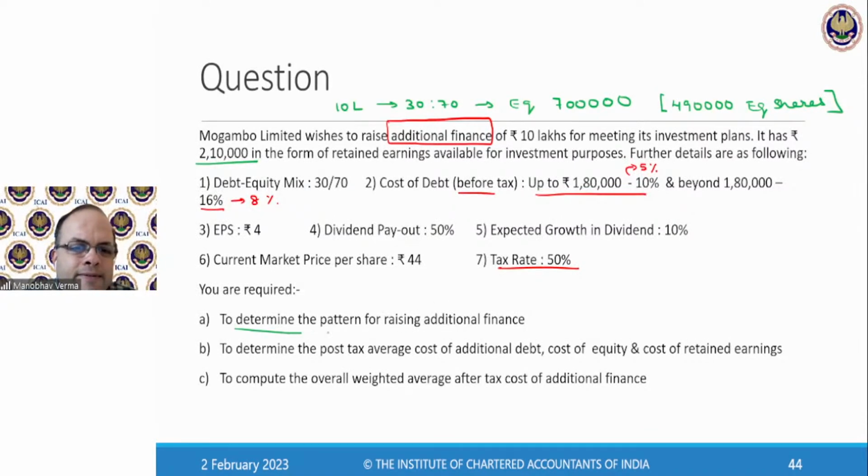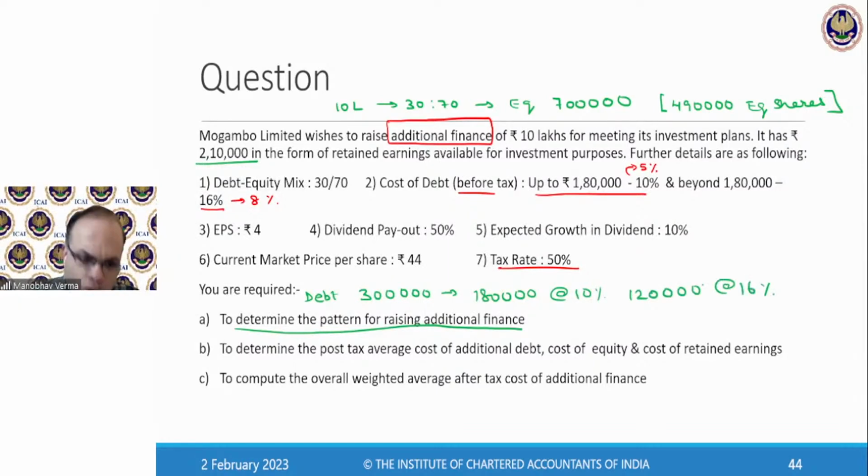Point number A. But mind you, hold on. I think the game is not yet over. Even the debt is of two types. If debt is also 3 lakhs, I think we are looking at 1,80,000 at the rate of 10% and 1,20,000 at the rate of 16%, if I'm not wrong.